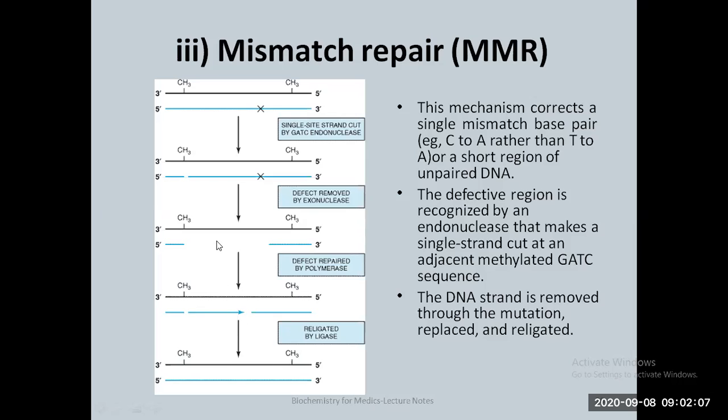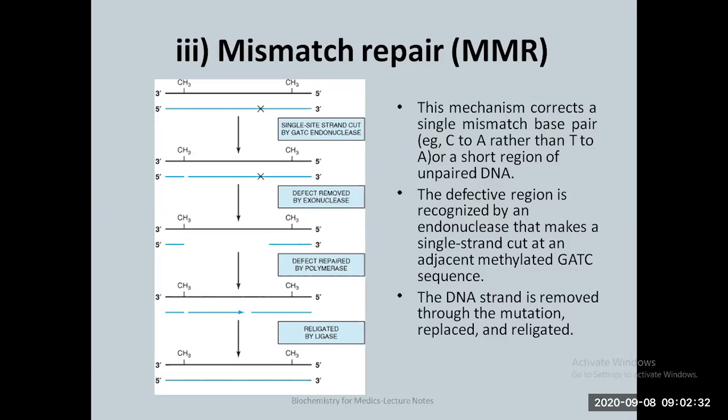Once the defect is removed, it is repaired by DNA polymerase and religated by DNA ligase, as you see here. This mechanism corrects a single mismatched base pair, for example C opposite A rather than T opposite A, or a short region of unpaired DNA, very short.